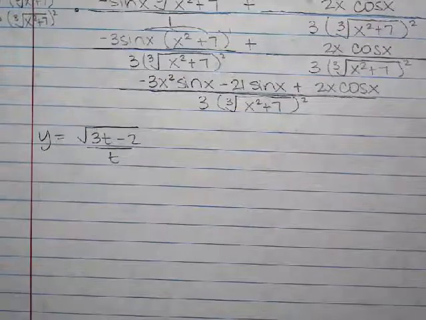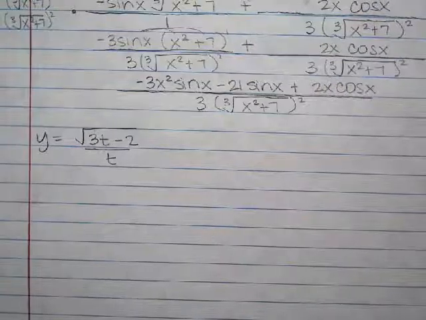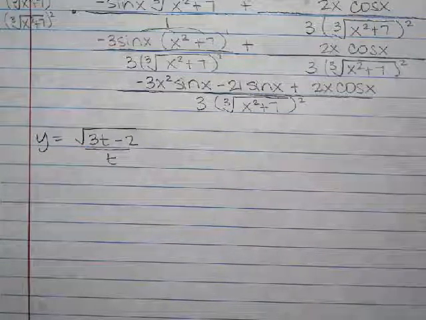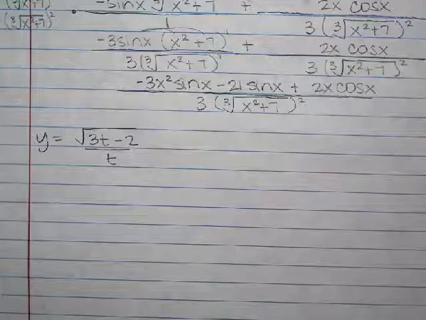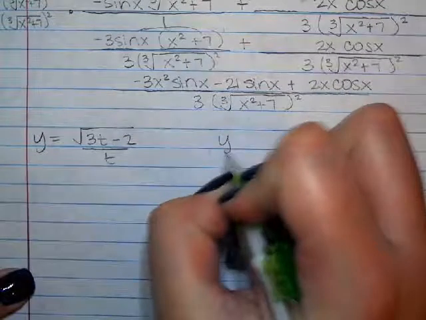So it says horizontal tangent. When I read horizontal tangent, what do I think the derivative needs to equal? 0. So our plan of action is to find the derivative and set it equal to 0 and see what t equals.